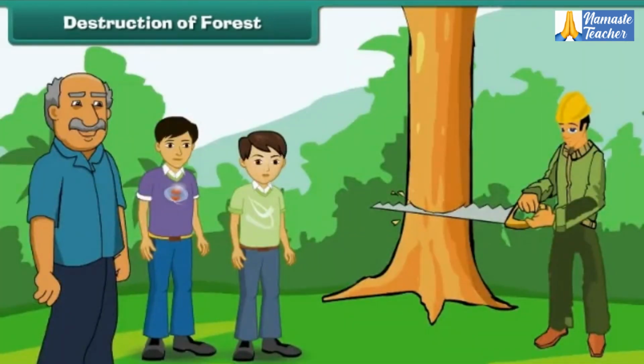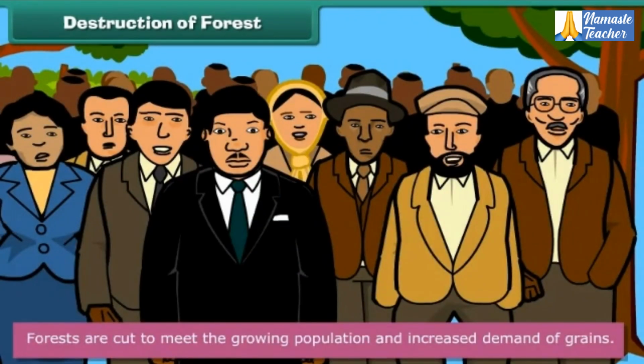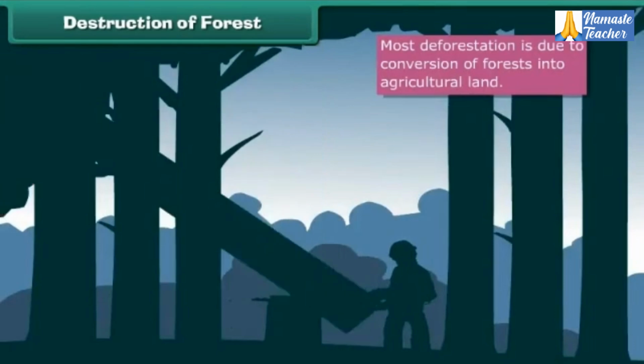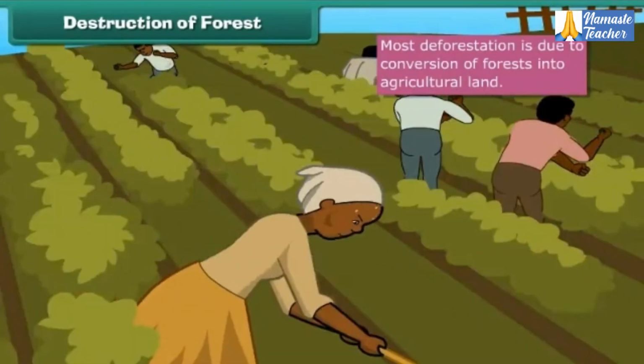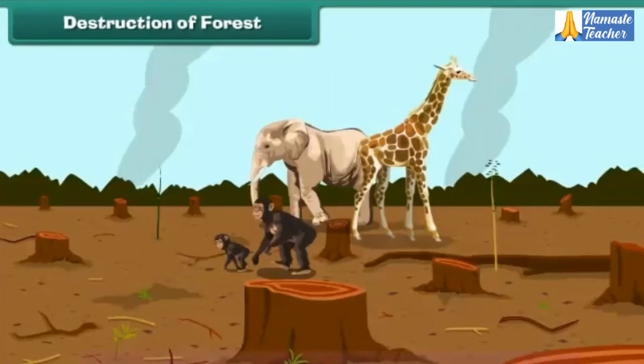Uncle told Shyam and Ram that due to growing population and increased demand for grains, the forests are being transformed into cultivation land. Most deforestation is due to conversion of forests into agricultural land.